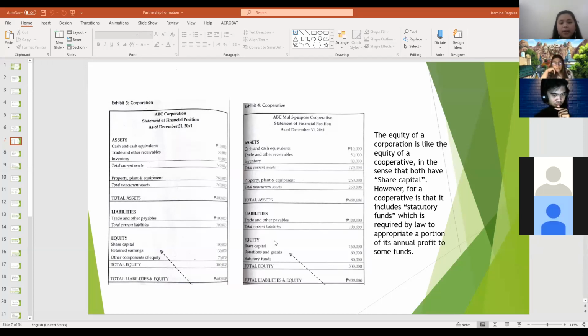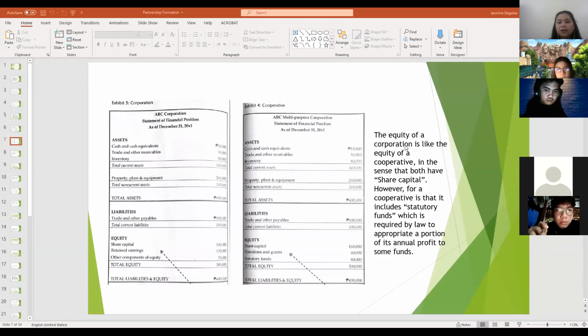Share capital, because this represents the stocks issued. You have the retained earnings account. In this account, all the profits of the previous years are closed, and other components of equity. They are the same in a cooperative. A cooperative has share capital, and donations and grants and statutory funds.